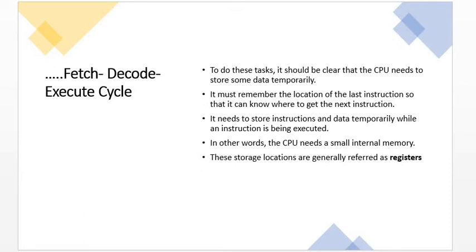So one of the important things during instruction execution is the need for storage space or storage locations where the data is temporarily stored during execution. And this storage location has to have what?